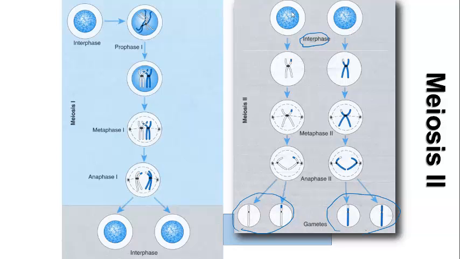So each of these guys right up here were secondary spermatocytes once upon a time. And so eventually both of these secondary spermatocytes resulted in the formation of 2 gametes as a result of meiosis II, giving us a total of 2 times 2 equals 4 gametes.